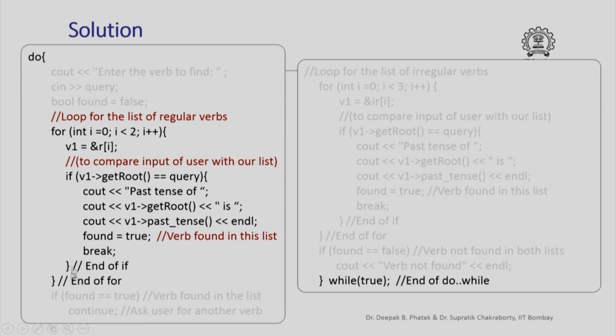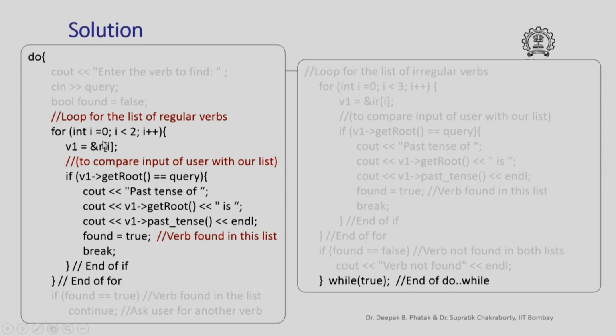So let us see it in action over here. What we do is we say if v1 arrow getRoot is query. Once again v1 is an abstract class, so v1 arrow getRoot is actually going to invoke getRoot of the class by first finding out what v1 is actually pointing to.